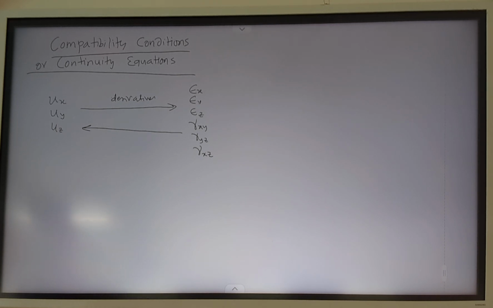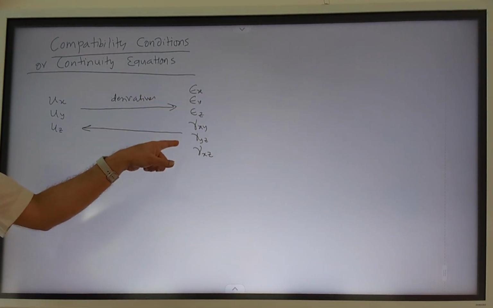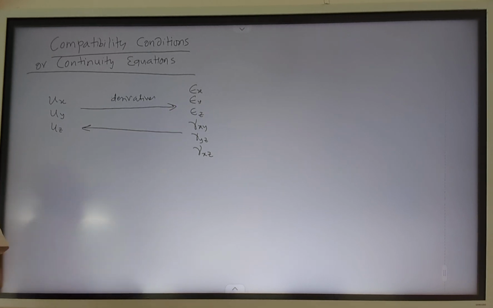So that requires a lot of adjustment, and it also gives us the impression that these 6 components of the strain cannot be arbitrary. I cannot assume any strain state at this point, and I cannot assume all strains to be 0, and suddenly at another point assume all strains to be equal to 1.